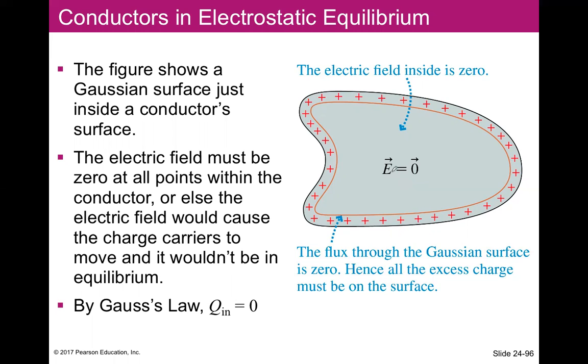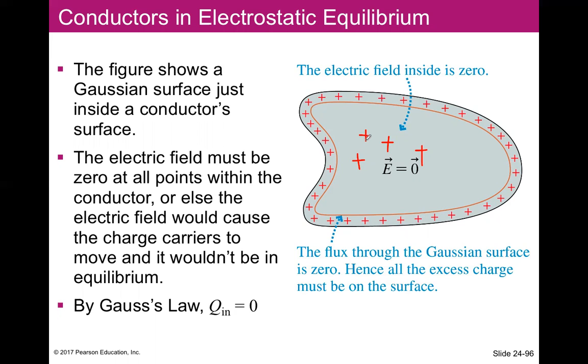Let's say if there is a distribution of several positive charges inside a conductor, what will happen? Yeah, they will move. Move to where? Right, to the surface. They have to move to the surface because they repel each other.